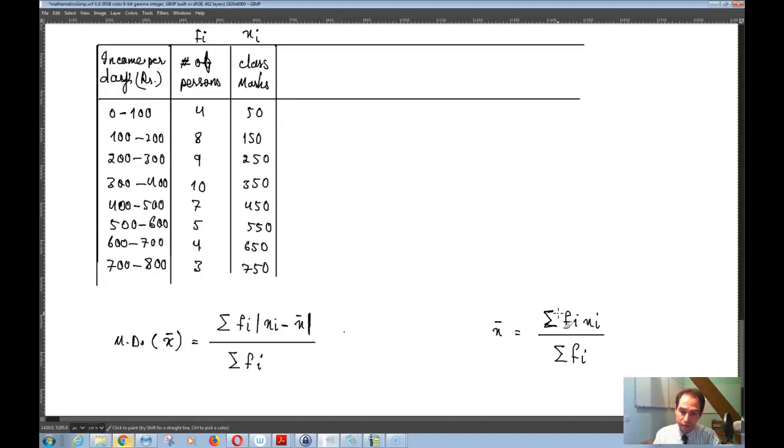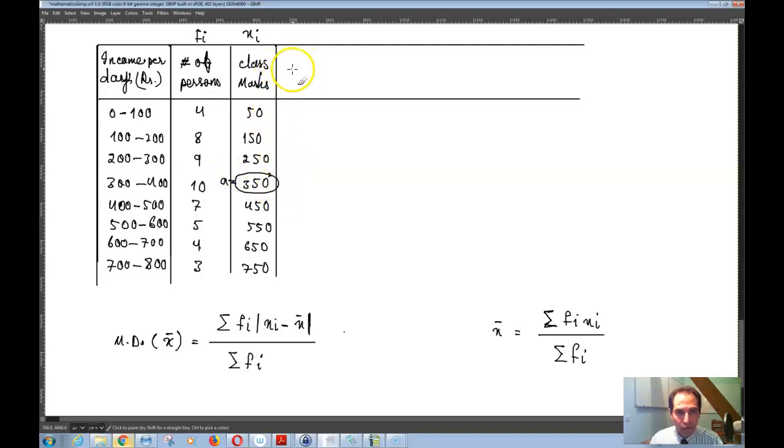If I want to calculate x of i times f of i, I have to calculate 8 times 150, 9 times 250, 10 times 350, and so on. These would be large numbers. So I take this number as the assumed mean of the data, A.